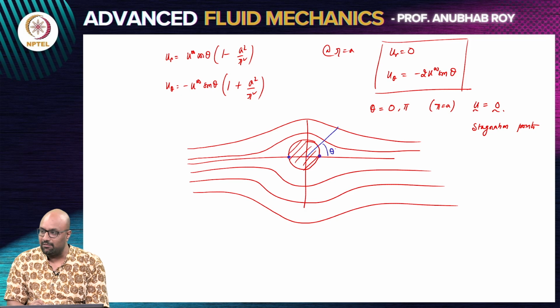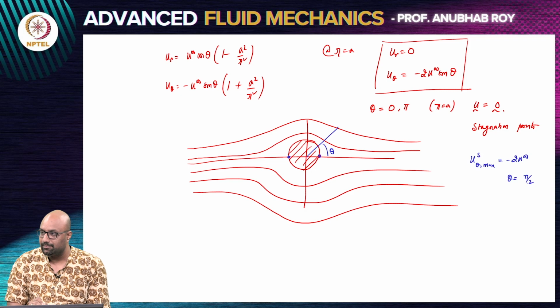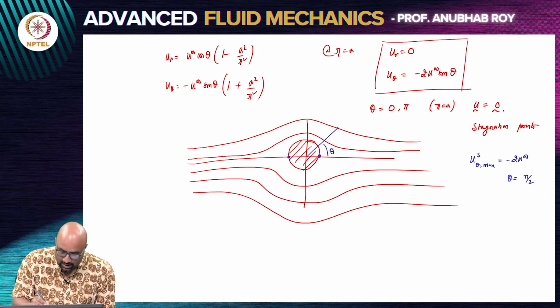So, the maximum value of U theta on the surface. If I label this as U theta surface, the maximum value is minus 2 U infinity, which occurs at theta equals pi by 2 and 3 pi by 2. So, at this location, what is the direction of U theta?